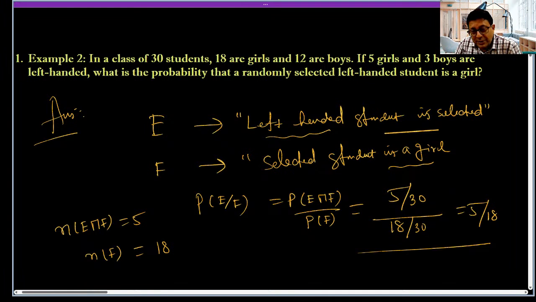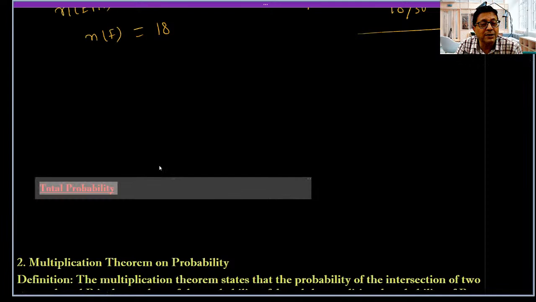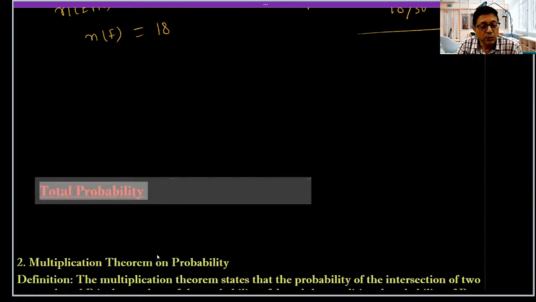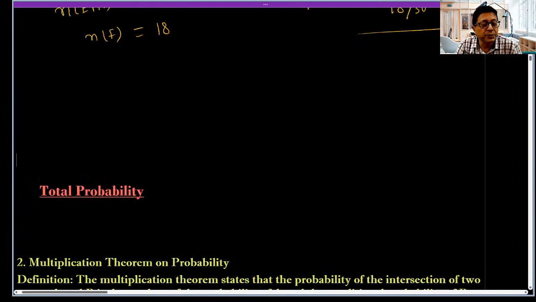It is actually the probability of joint occurrence of two events divided by the probability of the second event. Clear? So we got P(E∩F) by P(F) here. Let us go for the next topic, total probability. Let me explain this part, then we will go for solving problems on it.